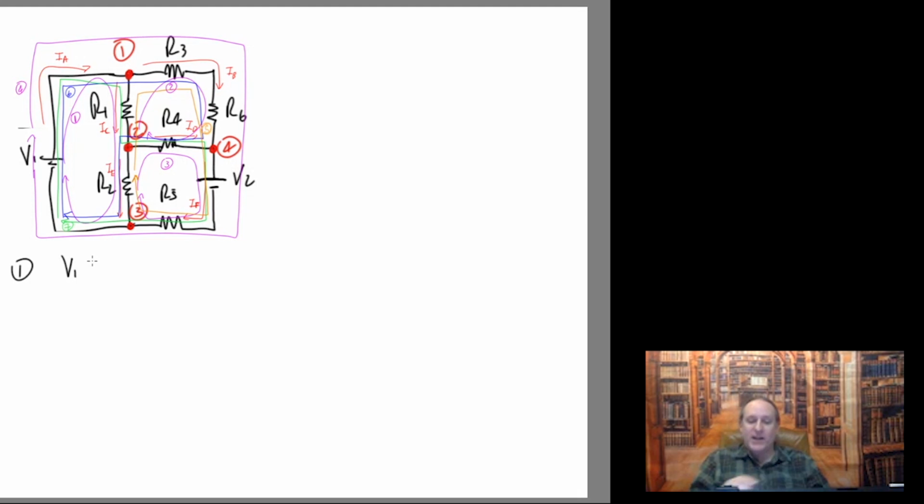So we have V1, and then a minus IC R1, and a minus IE R2 equals 0. So in both of those resistors, the loop direction I drew and the current is going, we're going with the current in our loop direction. So we get minus signs. Any questions about loop 1?